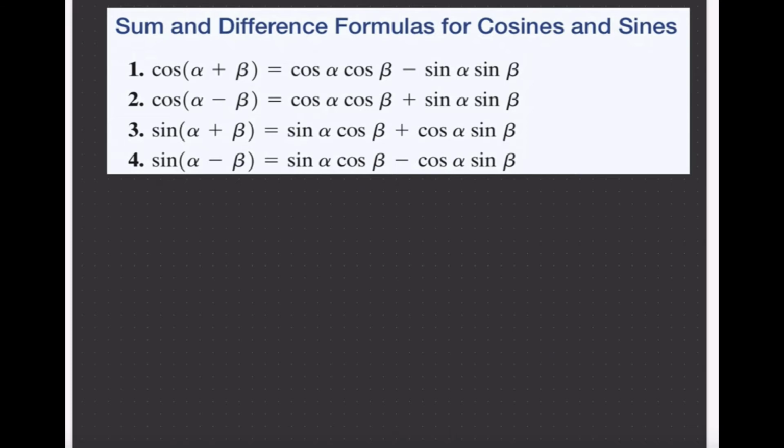On here I just have the cosine and the sine, where today we're only going to focus on these two cosines. Mathematically, sum means adding, so cosine of alpha plus beta is our sum formula. And then cosine of alpha minus beta is our difference formula that we're going to focus on.